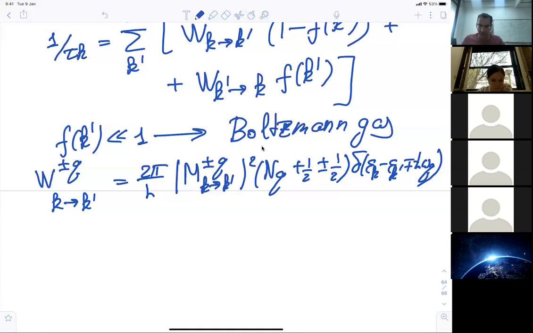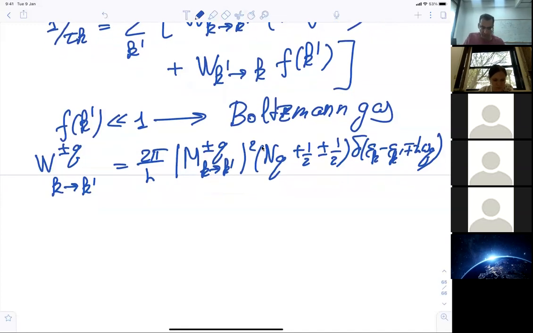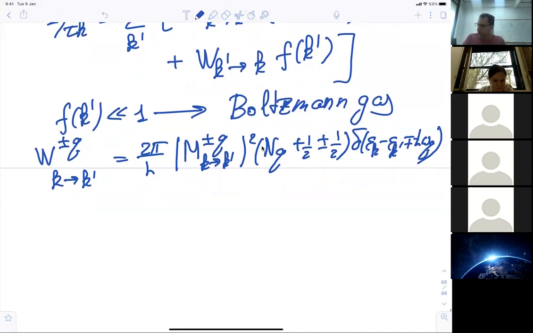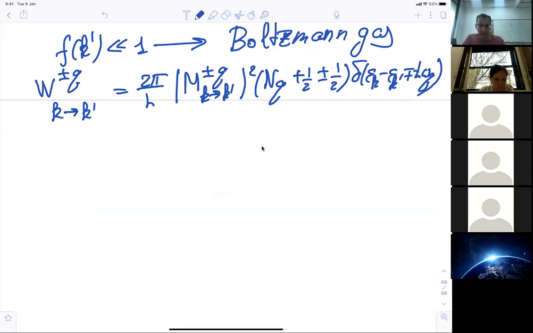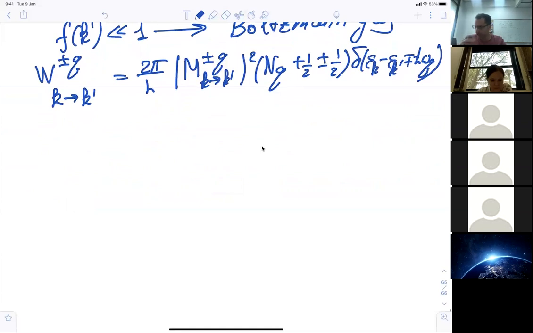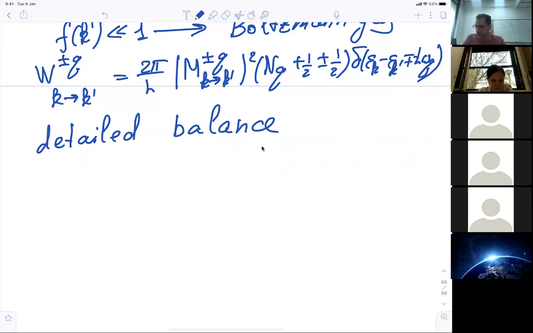Okay, if everything is clear, let us now compute these integrals, but let me use a trick, and this is a good trick. It uses a very nice idea called detailed balance, and I think it's a good opportunity to discuss detailed balance.